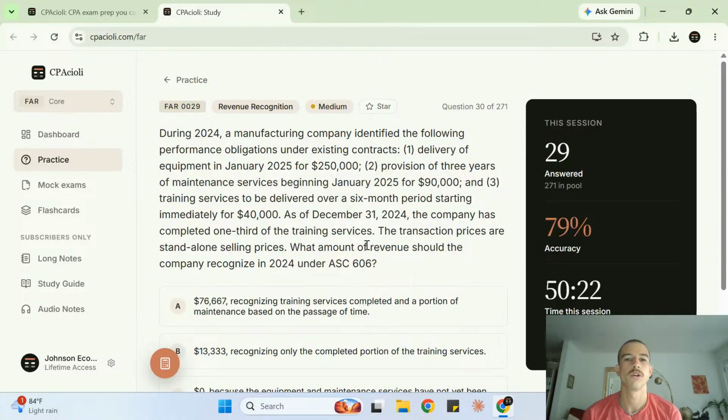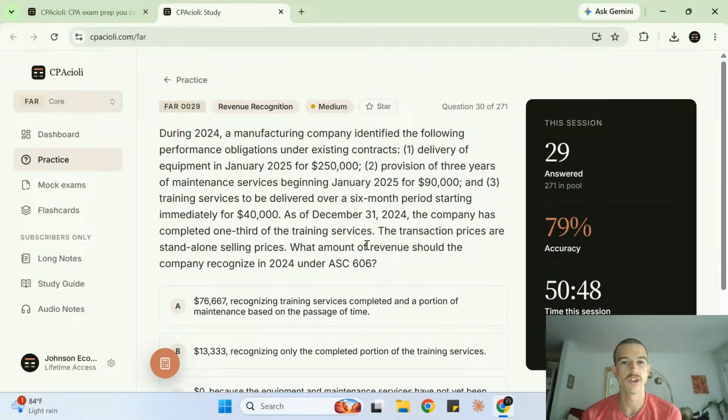During 2024, a manufacturing company identified the following performance obligations: delivery of equipment for 250, and training services delivered over a 6-month period, starting immediately, for 40,000. The company has completed 1/3 of the training services.